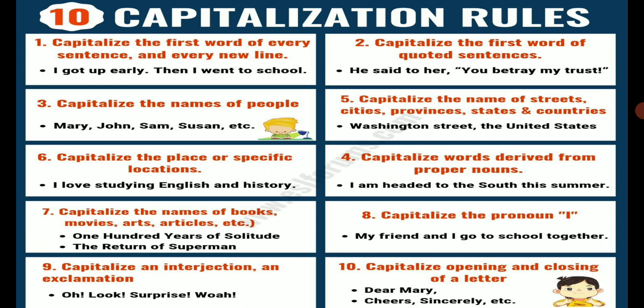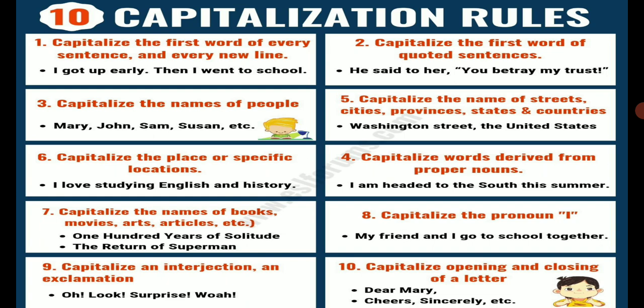Next rule is capitalize the names of streets, cities, provinces, states and countries. As I told you, all proper nouns will begin with a capital letter. Next rule is capitalize a place or specific location.